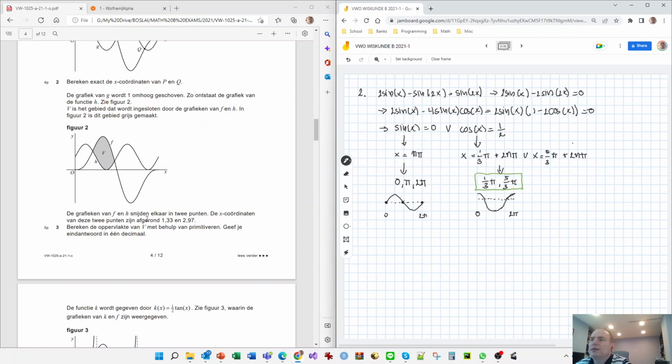And the x coordinates, they also provide this to you already. They are given here, rounded. Calculate v, the area of v, with primitives in 1 decimal.